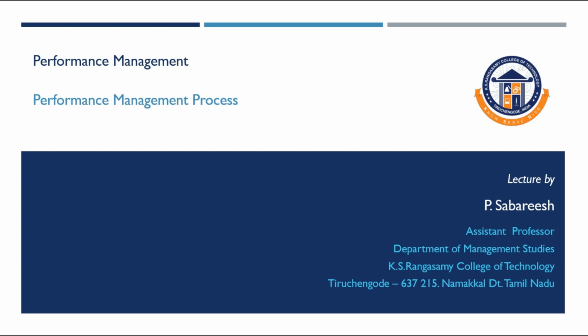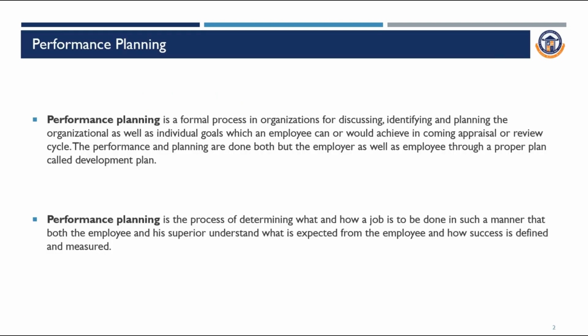Now we are going to discuss the performance management process. The performance management process is a formal process in an organization for discussing, identifying and planning the organizational as well as individual goals which an employee can achieve in the coming appraisal or review cycle.